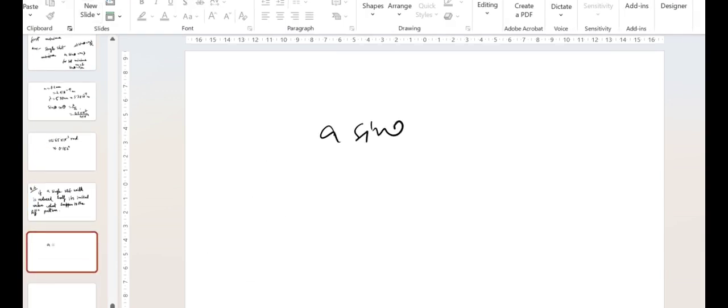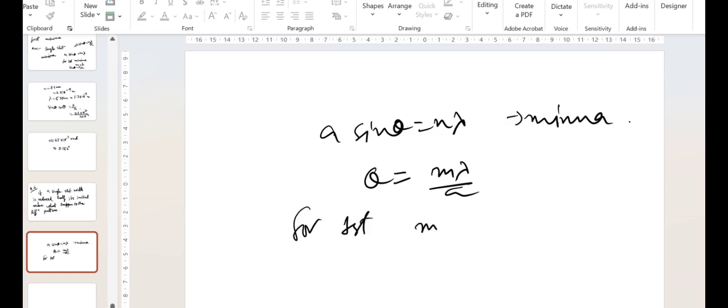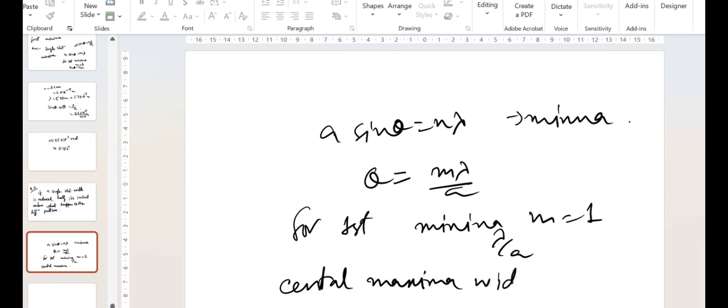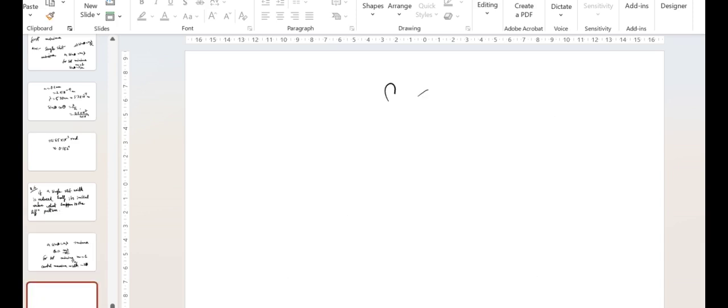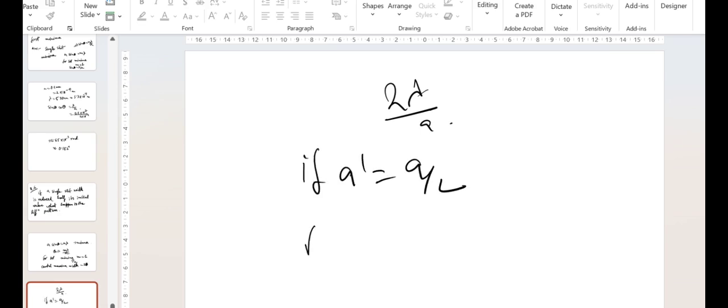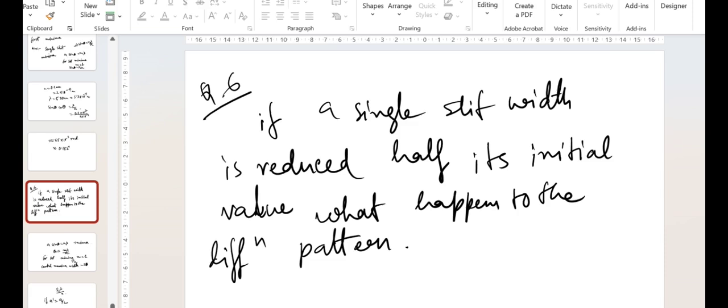So we know a sine theta is equal to m lambda for single slit minimum. So theta is equal to m lambda by a, and for first minima, m is equal to 1, so lambda by a. So central maxima width is basically 2 theta, that is 2 lambda by a. So if a dash is equal to a by 2, then 2 theta dash is equal to 4 lambda by a. So the diffraction pattern becomes wider. So that's how I need to think.